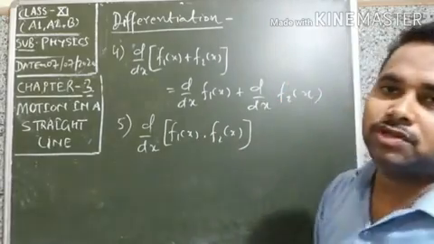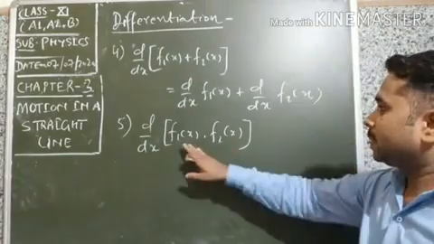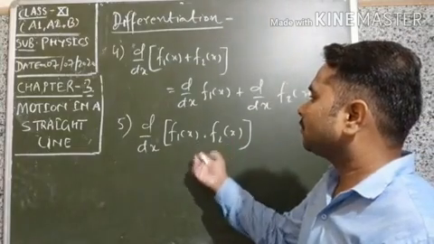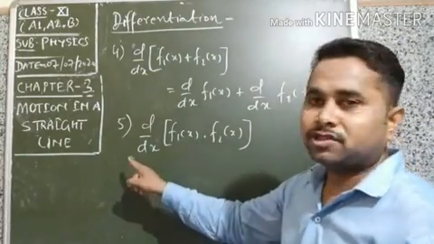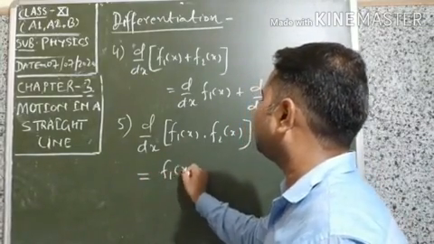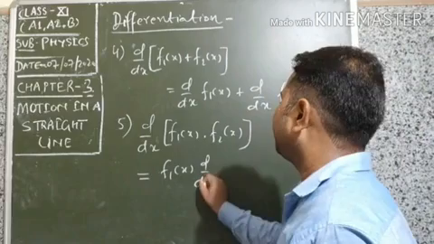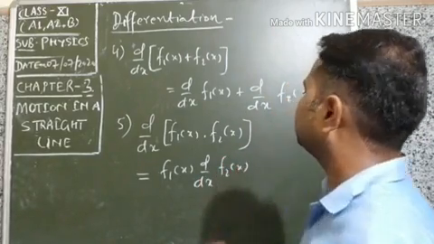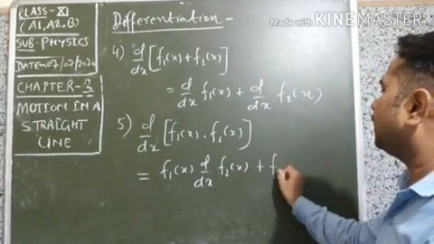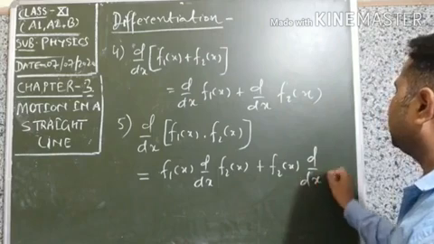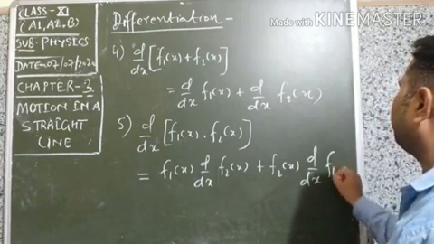If there are two functions, f1(x) and f2(x), and we take the product of them, then the differentiation of this product is equal to f1(x) d by dx of f2(x) plus f2(x) d by dx of f1(x).